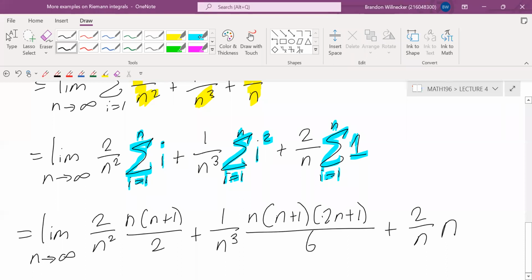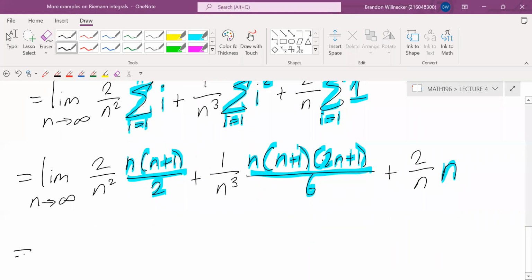So let's just highlight what we replaced. The first summation we replaced with this. The second summation we replaced with this, all over 6. And then the third summation was just n. Okay, so all of the summations are gone. So we just need to clean this up a bit so it looks nicer, and then we can take the limit. Once we take the limit, whatever is left over is our answer.